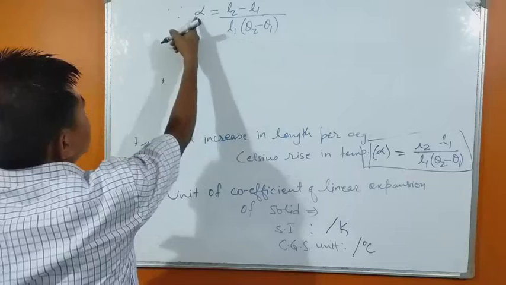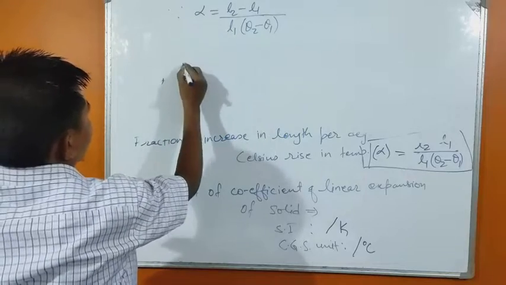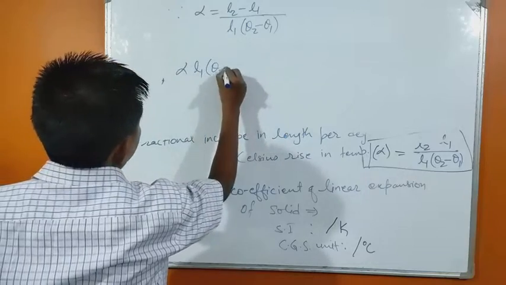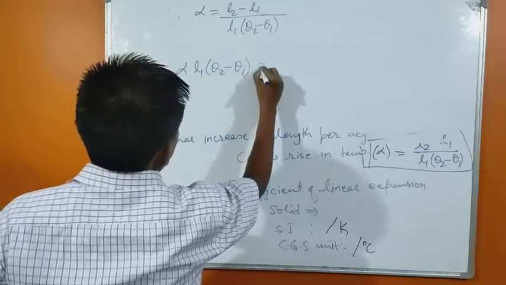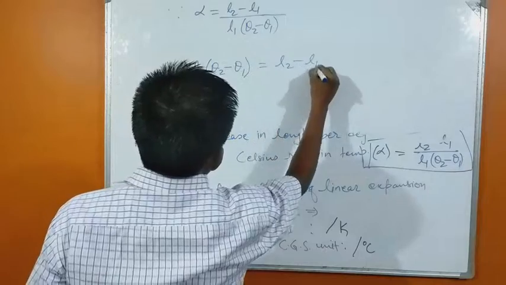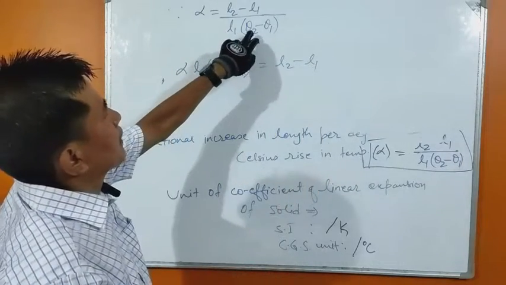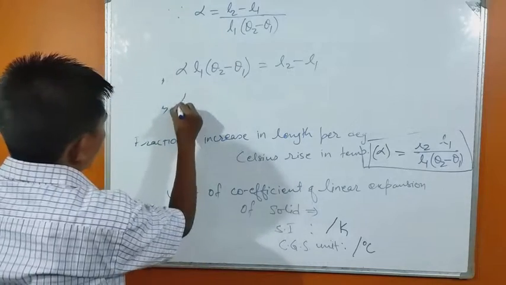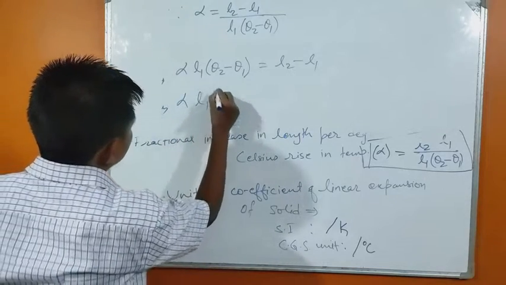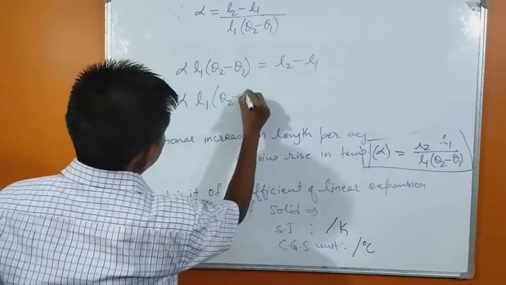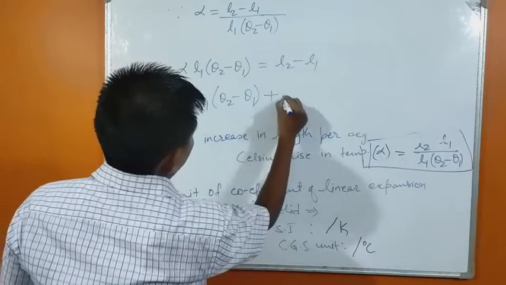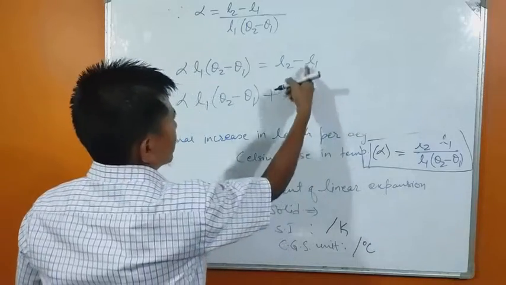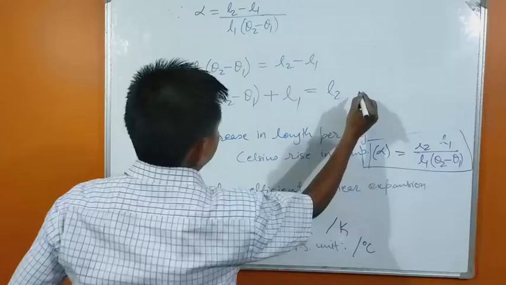Or let us cross multiply this. Okay, alpha into L1 theta 2 minus theta 1 equal to L2 minus L1, isn't it? Or alpha into L1 theta 2 minus theta 1 plus L1. This L1 comes to the left hand side, becomes minus L1, L2 in the right hand side.